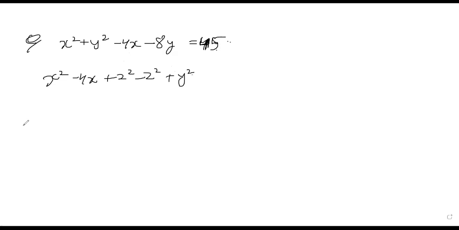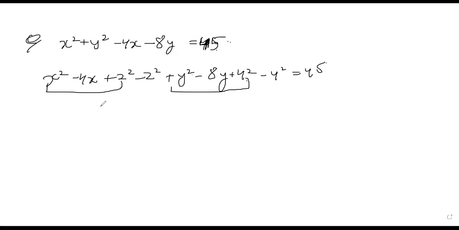Okay, now can you see the equation forming here and here also? Yes. So a minus b, what will b be here? See again, x square plus 2 square minus 4x, so x minus 2 whole square.